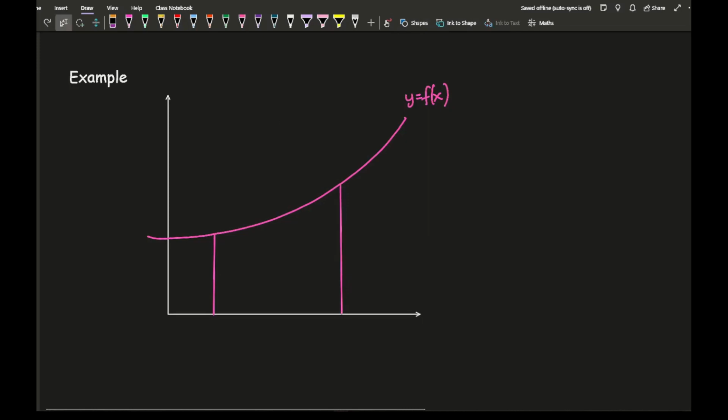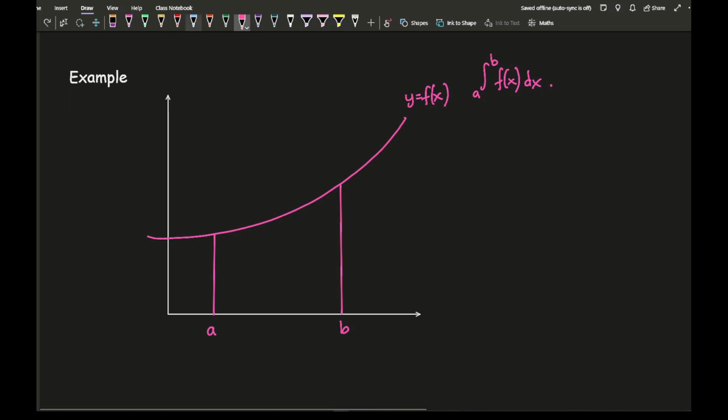And if these limits were a and b, the middle area is what I'm wanting. So what I'm wanting to do is to work out the area between b and a of f of x dx.